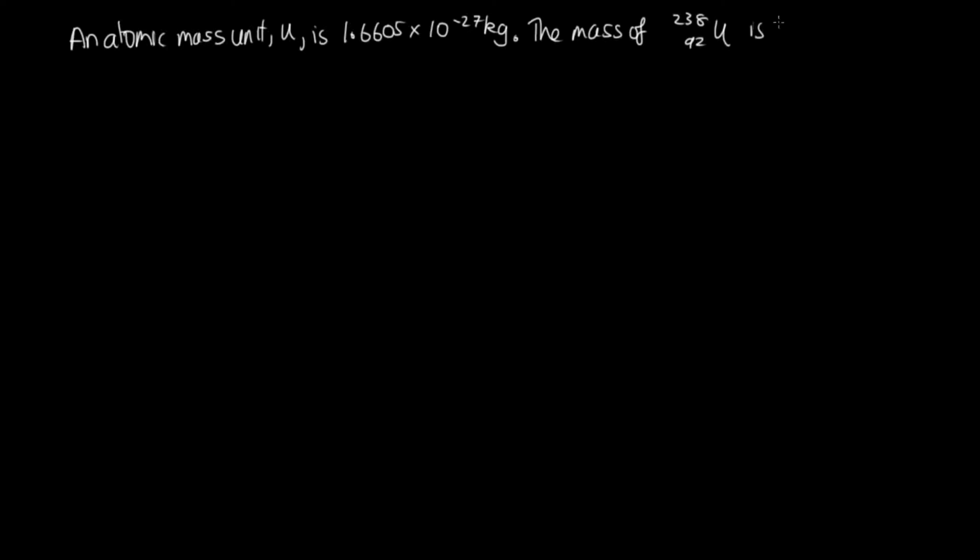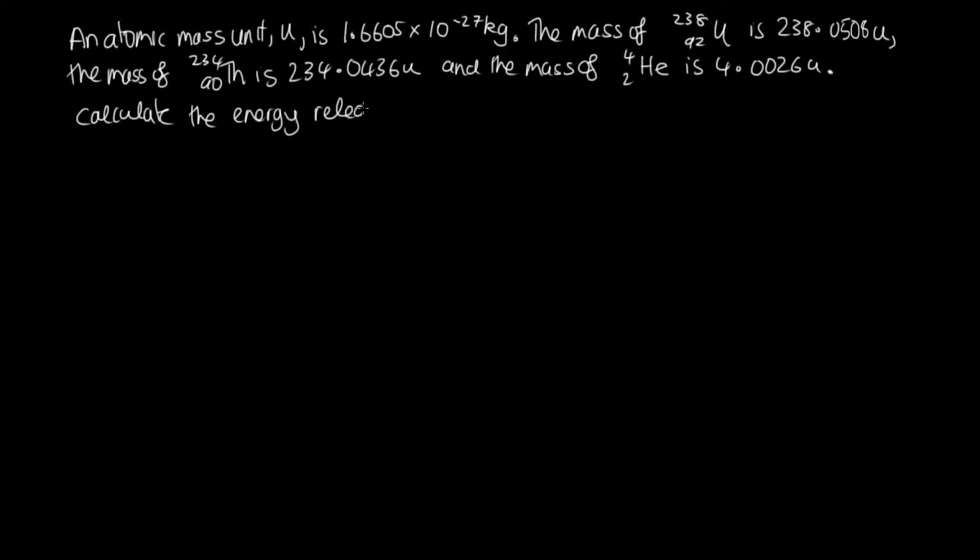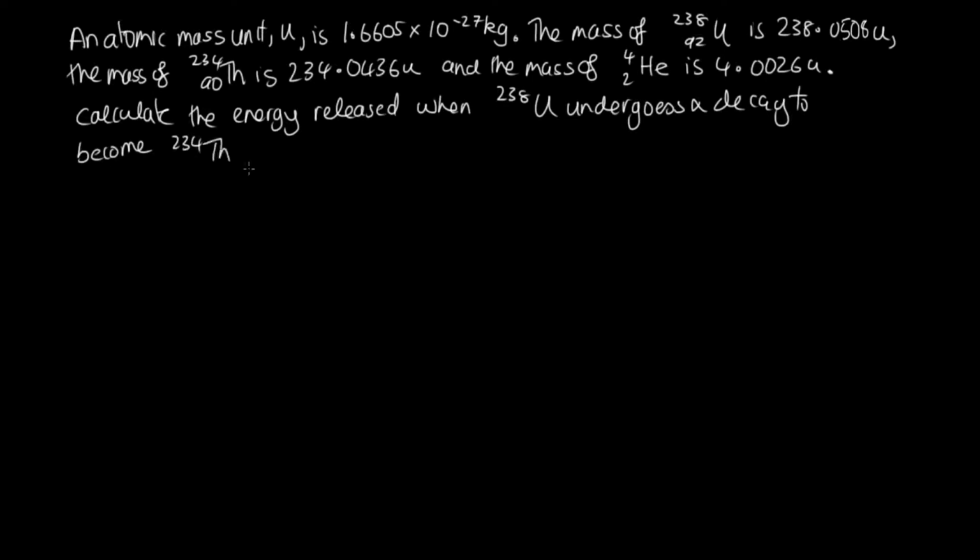The mass of uranium-238 is 238.0508 atomic mass units. The mass of thorium-234 is 234.0436 atomic mass units, and the mass of helium-4 is 4.0026 atomic mass units. Calculate the energy released when uranium-238 undergoes alpha decay to become thorium-234.